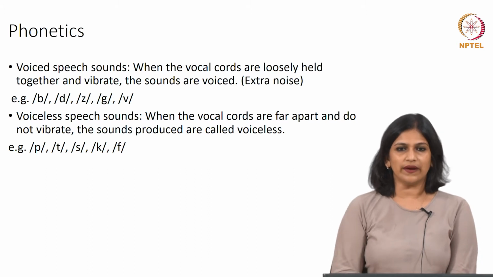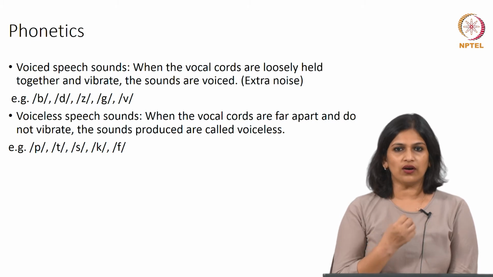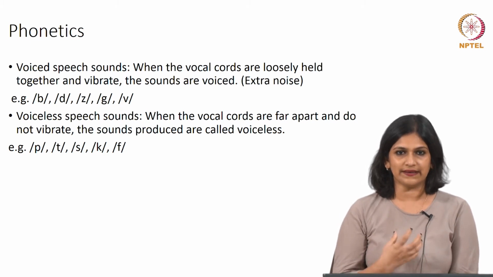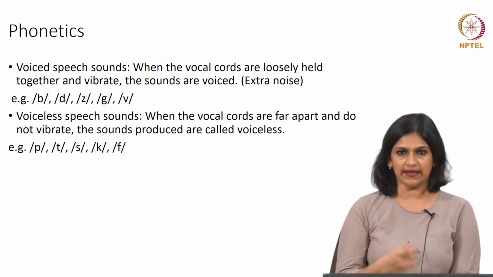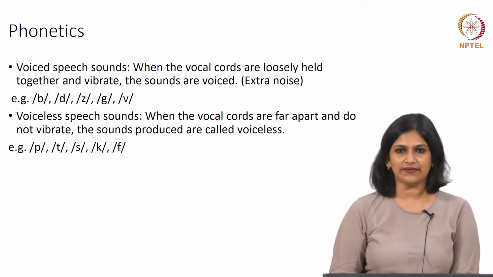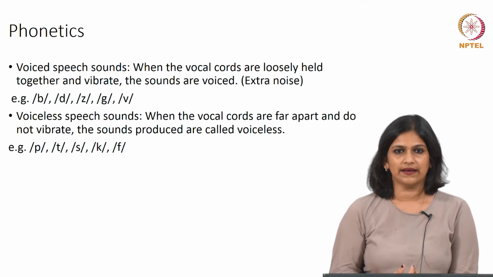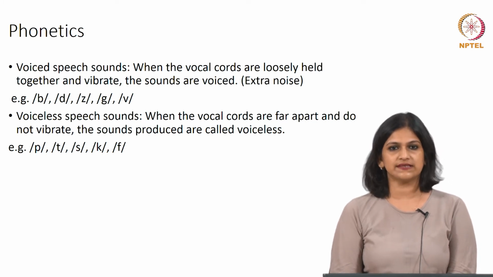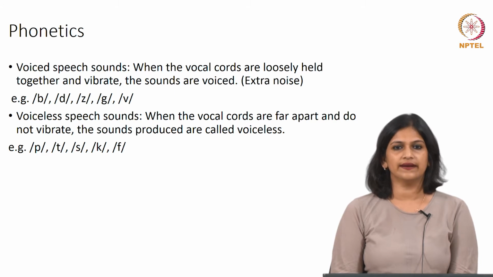When the speech sound is voiced, you can feel that the vocal cords are loosely held together and vibrate. When I say vibration, that means you actually have some extra noise. Examples of voiced sounds are b, d, z, j and v.